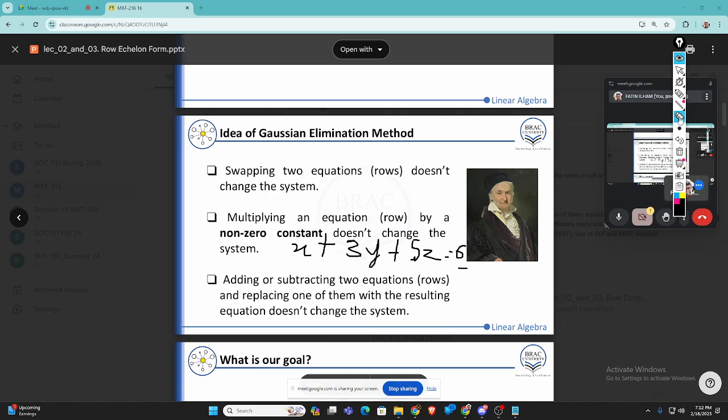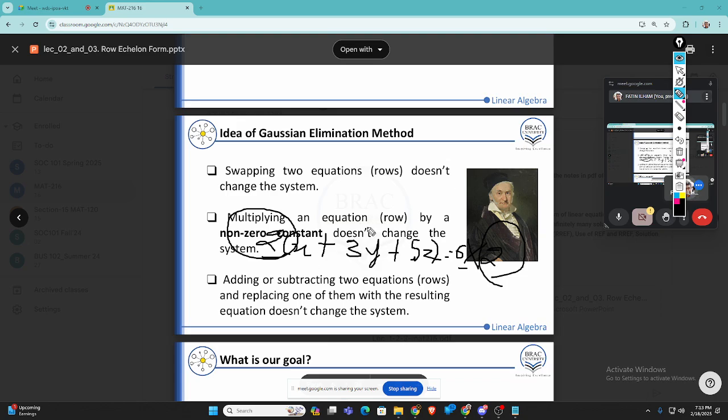Now for example, if I multiply both sides by 2, it won't really change, right?